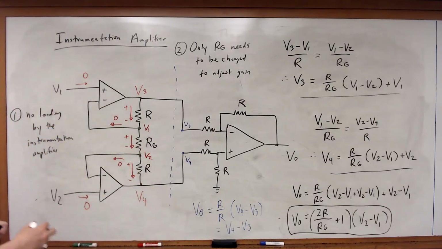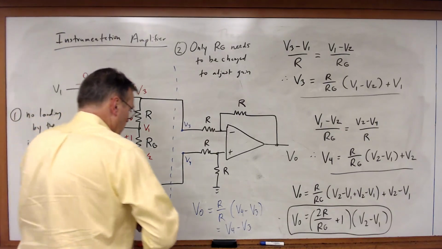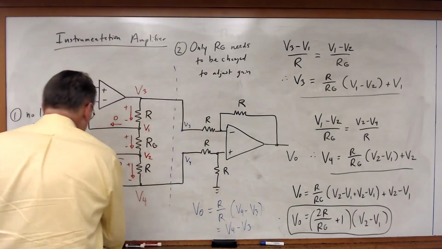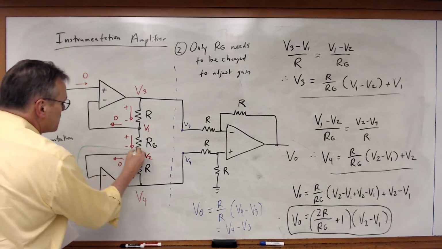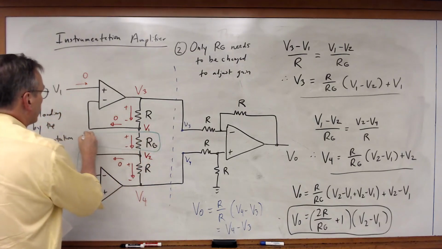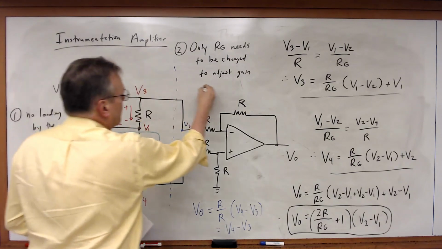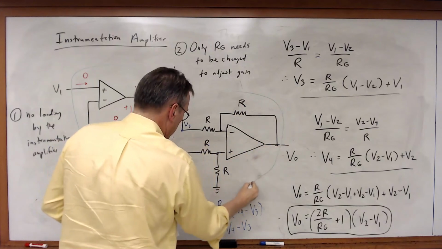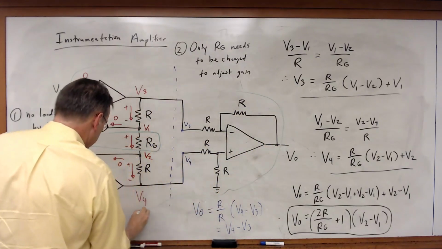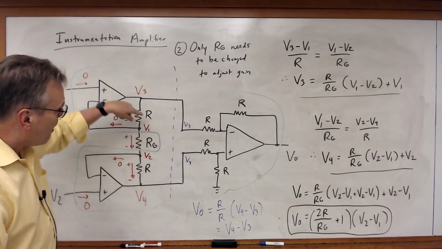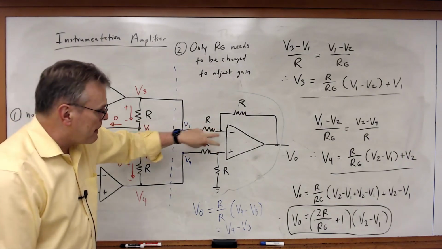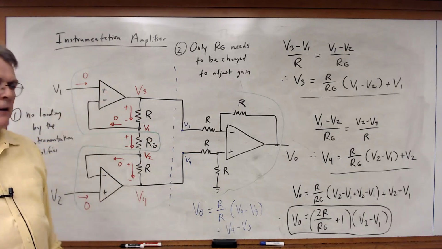In fact, what you'll typically find is this. For an instrumentation amplifier, normally all of these components will be packaged together. So the op amps and all of the R value resistors will all be placed inside one single package.